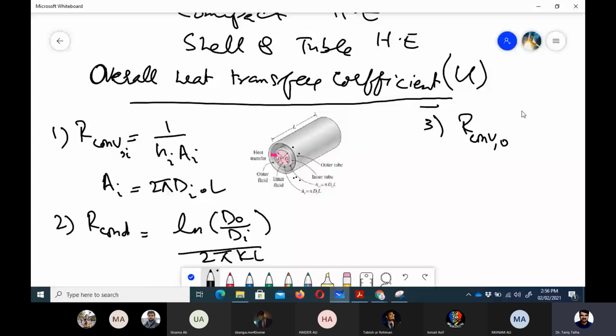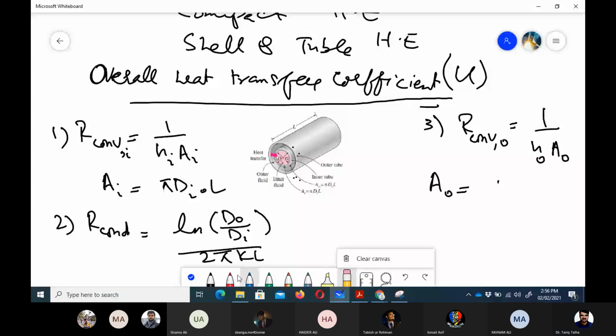That would be equal to 1 upon h outer into A outer. So A outer here is, sorry, I think here it should not be 2 pi but only pi. So it would be pi into d outer into length of the pipe. This is the length of the pipe.